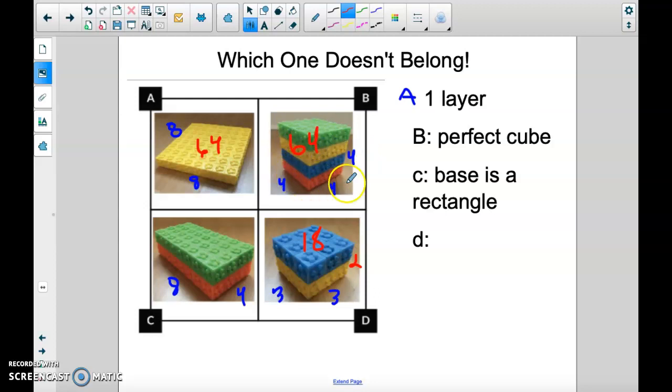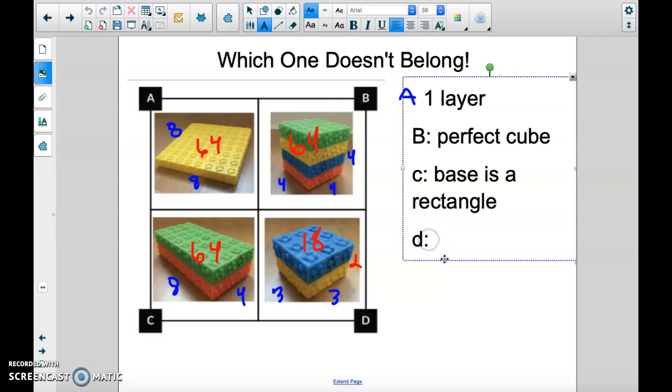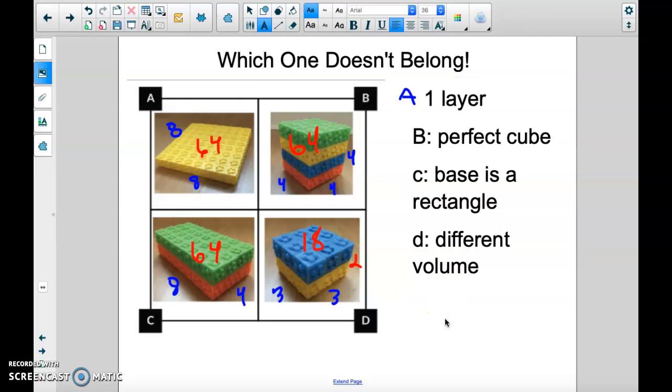There's 16 cubes in one layer, multiply that by 4. And here there's 32 cubes in one layer, multiply that by 2, that's also 64. So the volume of all three of these is 64, but the volume of D is 18. So think about that. Do you have any questions? Because we are going to do more work with these things.